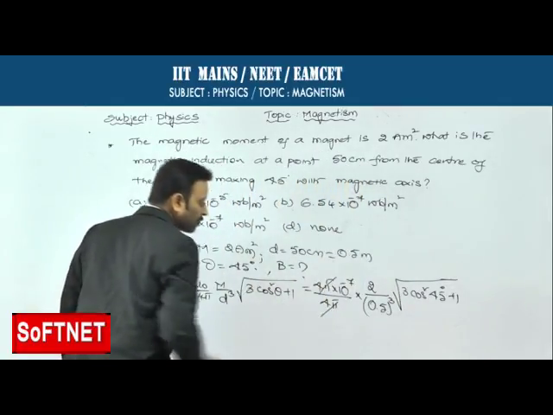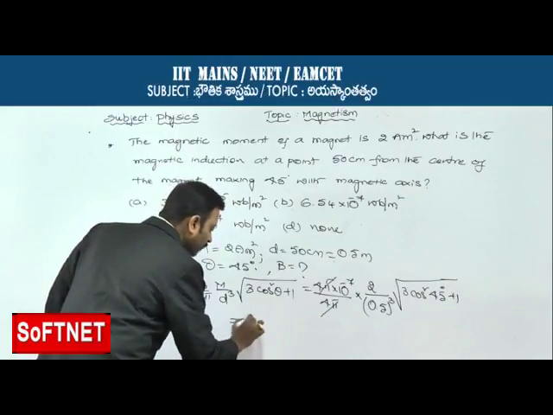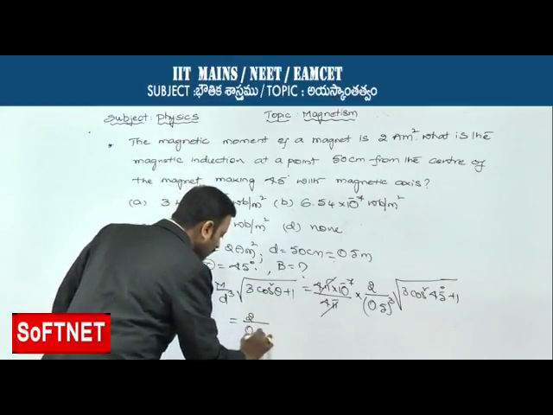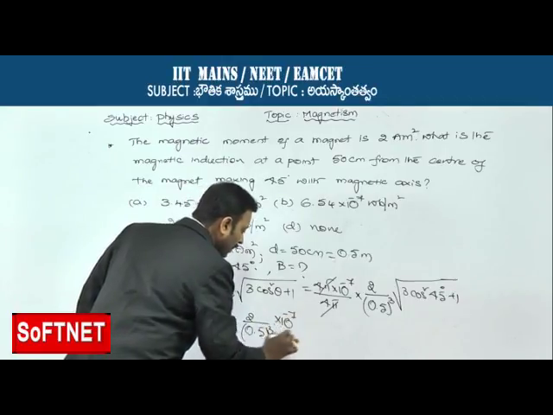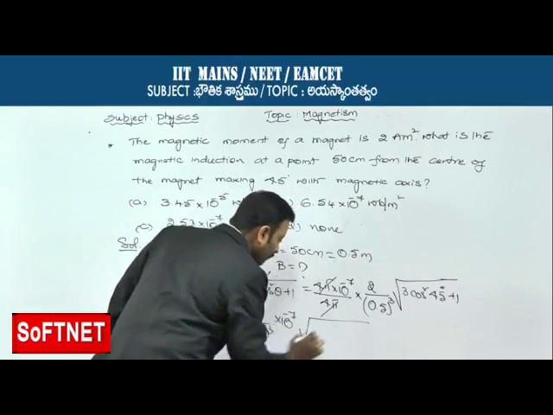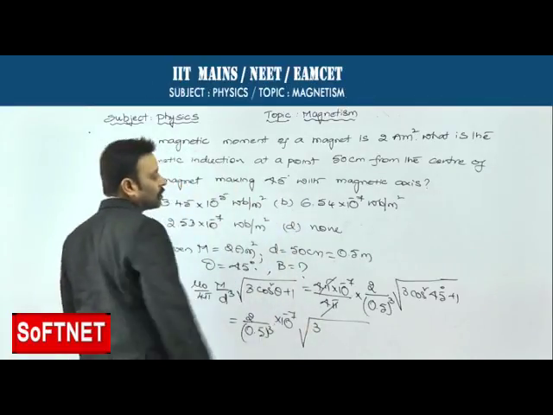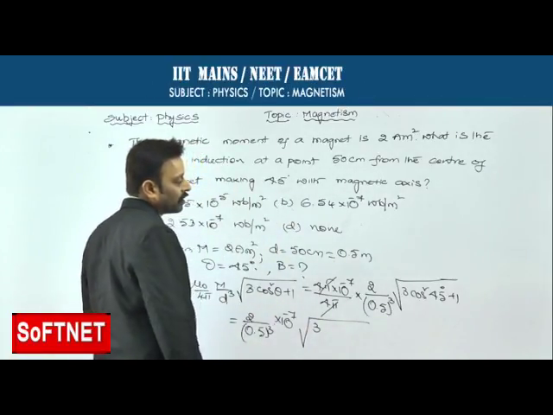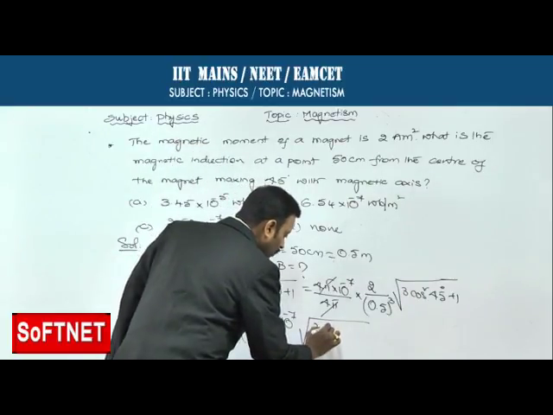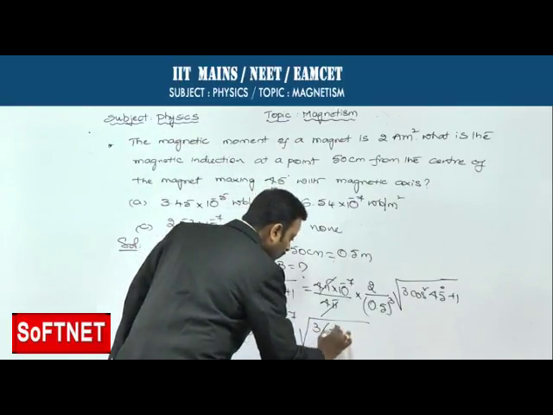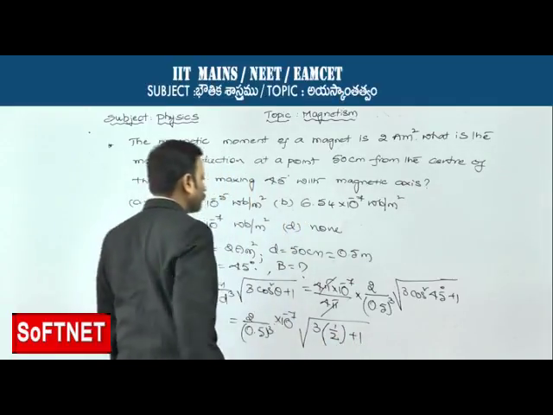Cancel 4 pi, you are left with 2 by 0.5 whole cube into 10^-7, into 3 into the value of cos 45, 1 by root 2. So, 1 by root 2 whole square is 1 by 2, plus 1.